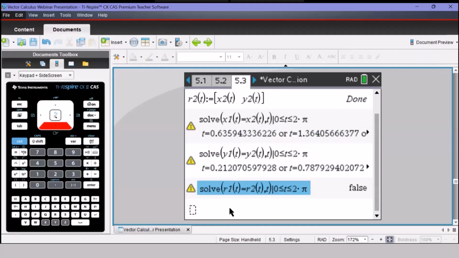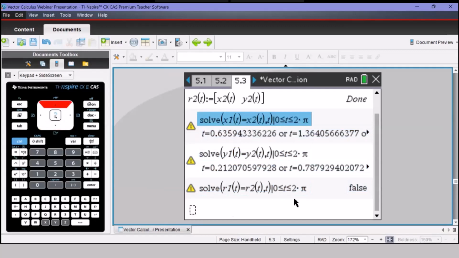That can be verified when you actually set r1 of t equal to r2 of t. These are vectors. Set them equal to each other, my apologies, and look for any common solutions between 0 and 2 pi, and it comes up with false. That matches up with what we saw in the animation.